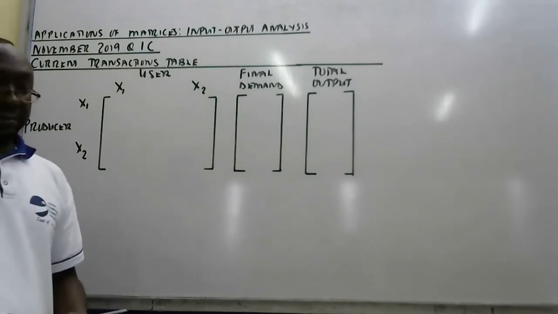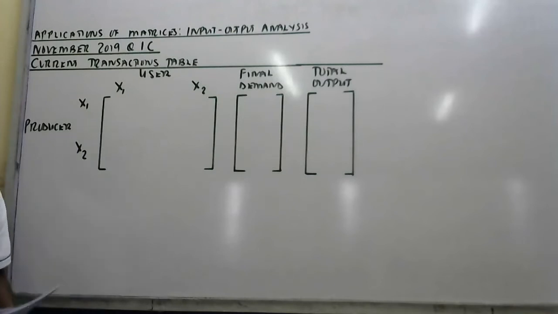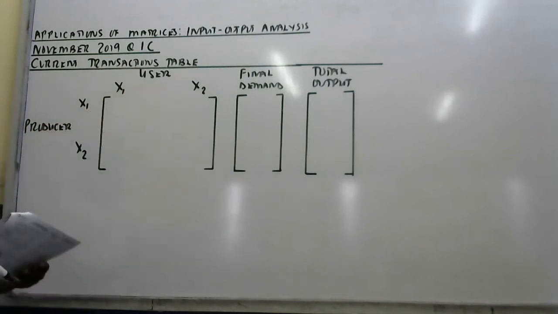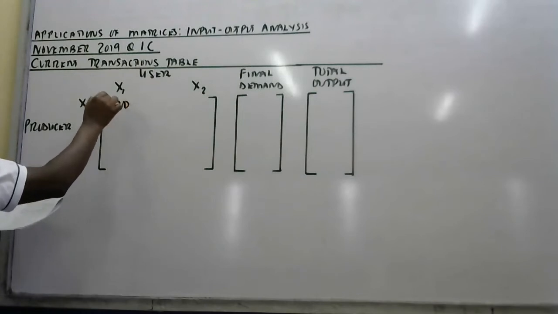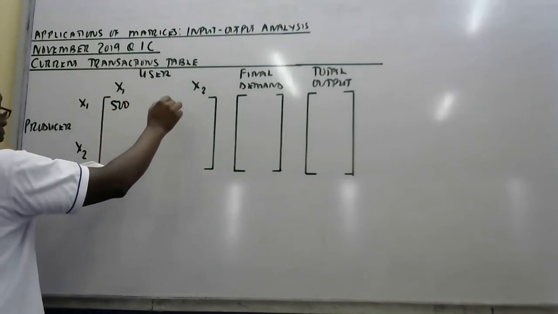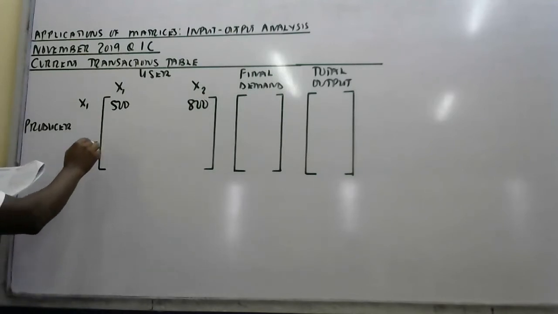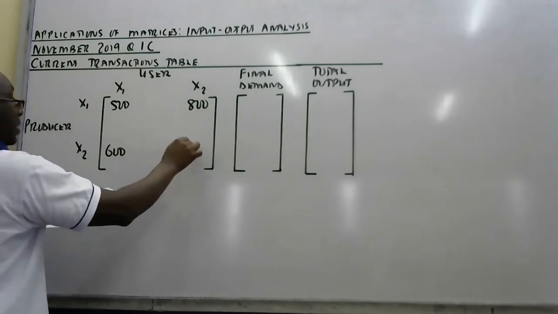As we have said, we are looking at how sectors interact. We have a sector that is called the producer, and we have a sector that is called the user. According to this, X1, X1 is 500. X1, X2, we have 800. Then this is 600, then this is 1400.